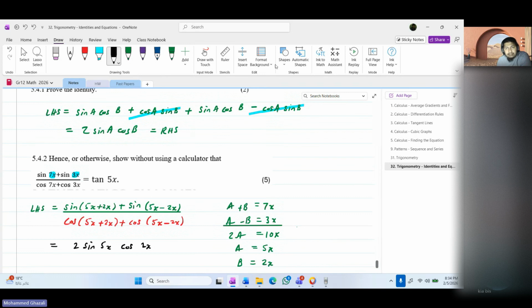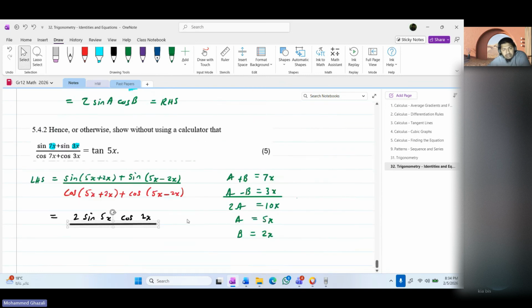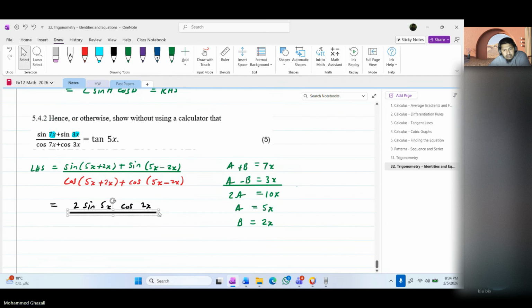But the bottom, we didn't prove anything at the bottom for the cos. So what are we supposed to do with the bottom? Because we don't have a formula. So that's where you need to use a formula to expand the bottom as well. To expand the bottom, you have to use the cosine rule.